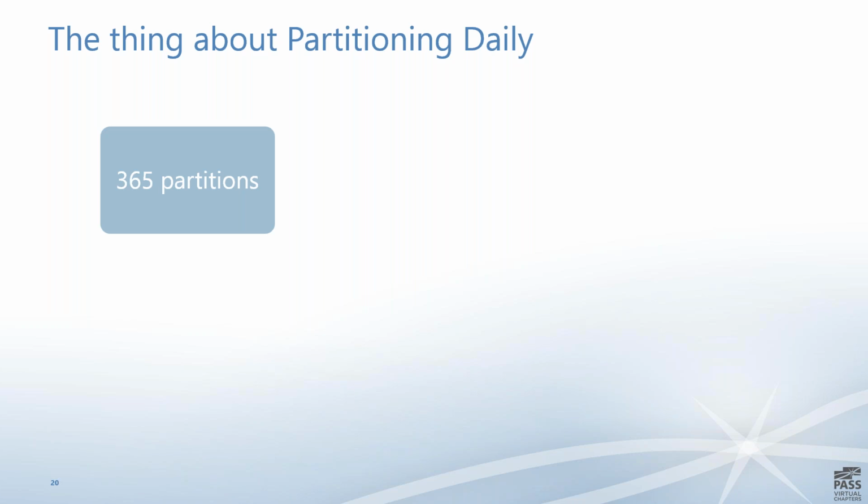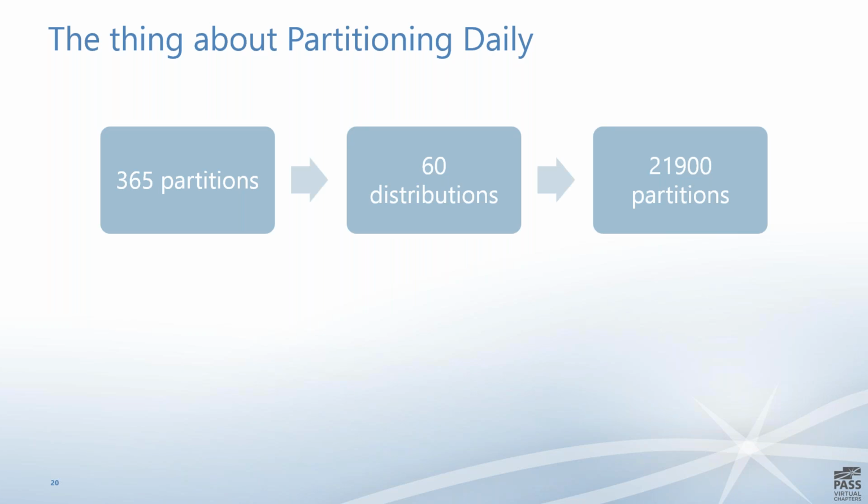Let's say we have 365 partitions because we're partitioning by day, but at the same time we have 60 distributions, right? Once we take those partitions and distribute them into 60 buckets, we have 21,900 partitions total as part of the system.